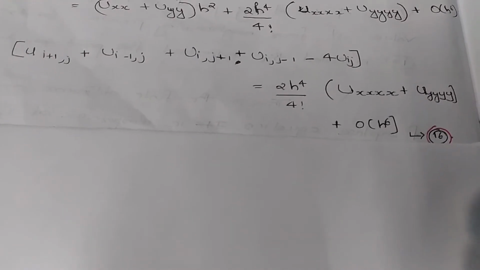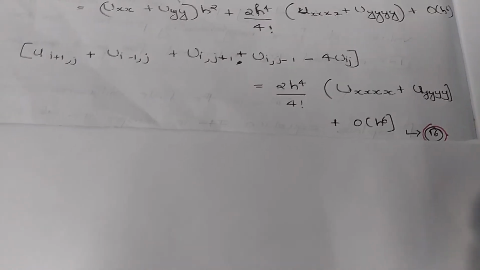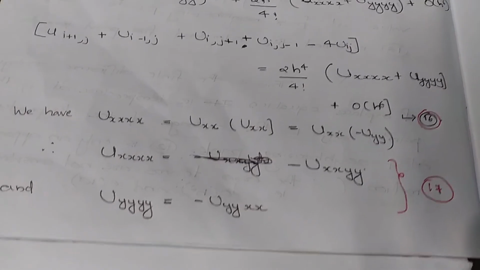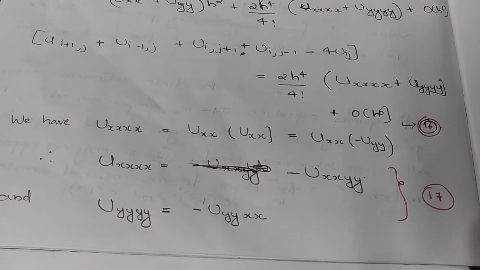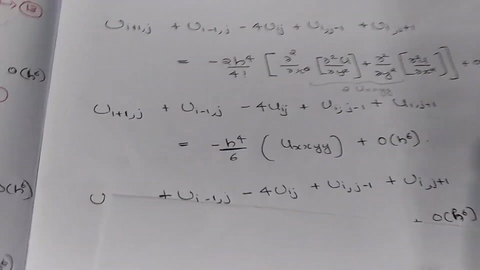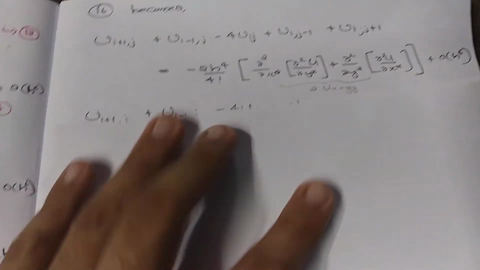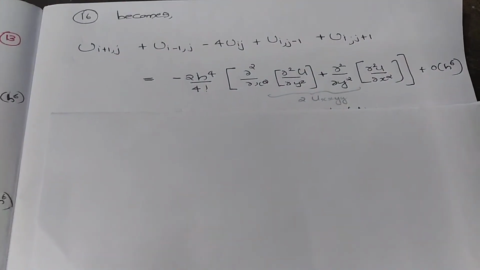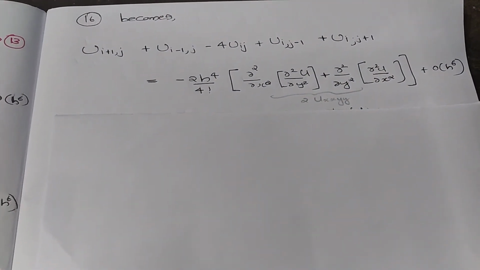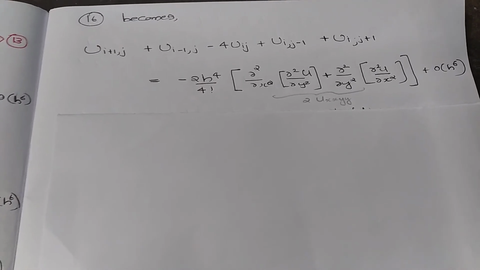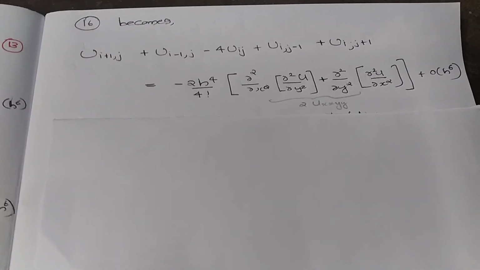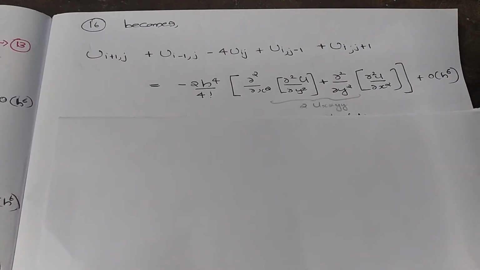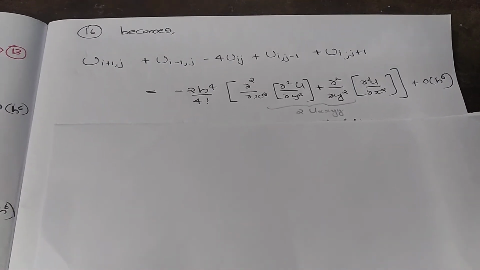Let's substitute the given results from equation 17 into equation 16. Equation number 16 becomes the sum of del square u by del x square plus del square u by del y square, plus two u_xxyy, because the order of differentiation is not necessary.